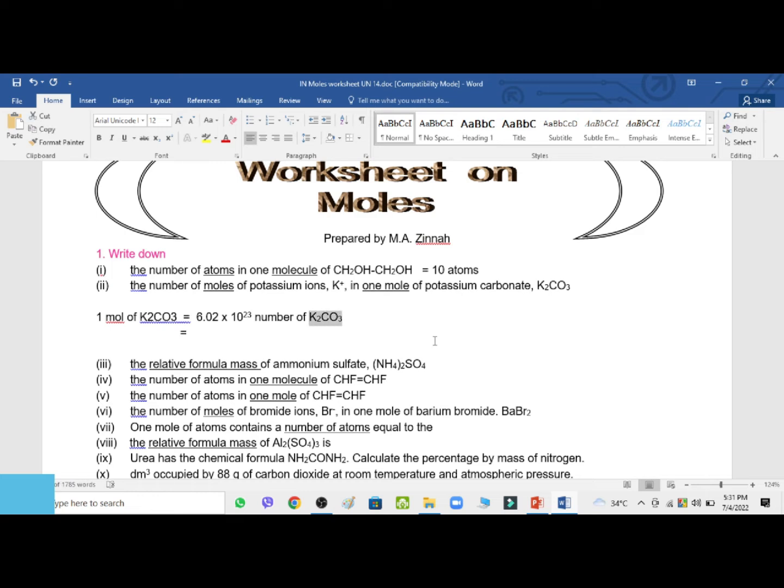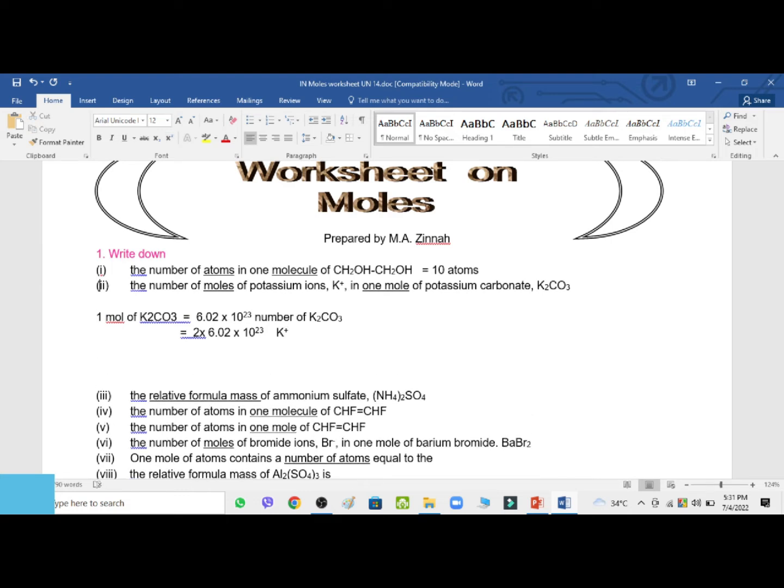So if this is a single particle, then potassium alone is double. And if you consider 10 particles, how many potassium ions would be there? Double means 20. But if this is this number of particles, how many potassium ions would there be? Simply double the number. This is the potassium ion alone, the number of potassium ions.